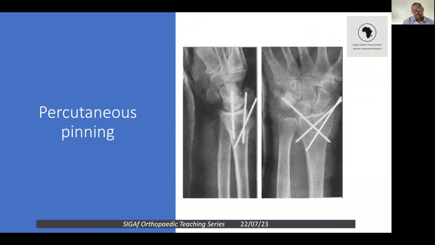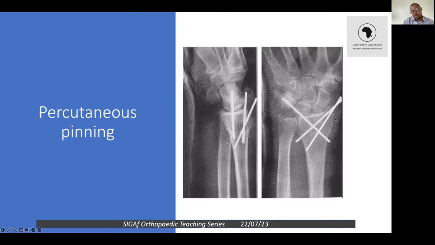So if the fracture is at the back, your initial K wire can come through the back where the fracture is. You've reduced the fracture and you then hold it onto the other cortex. That will stop this fragment from pushing at the back because there's something supporting at the back. So that's one way of doing it.